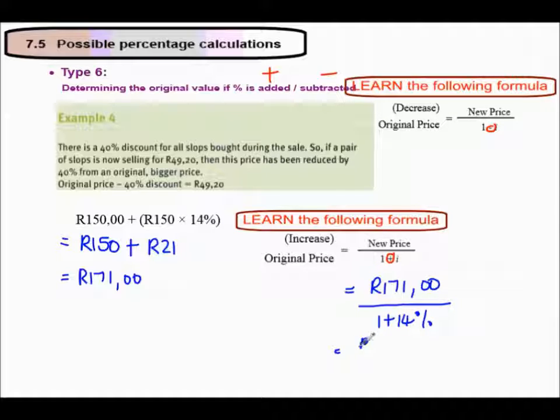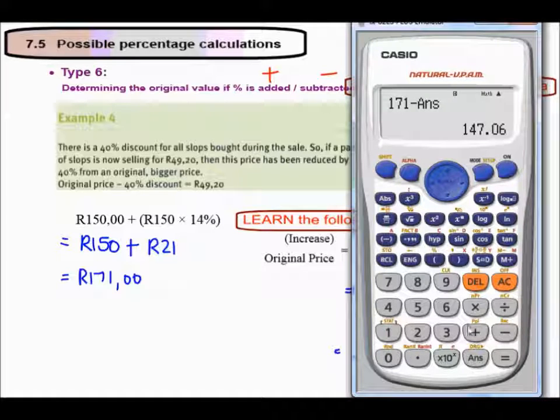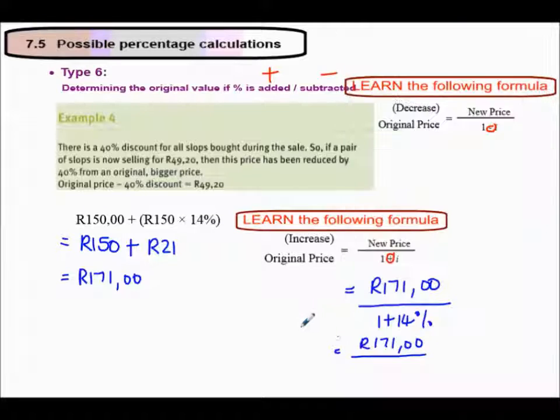Okay, so I'm going to have 171 Rand divided by or over 1 plus 14% equals 1,14.